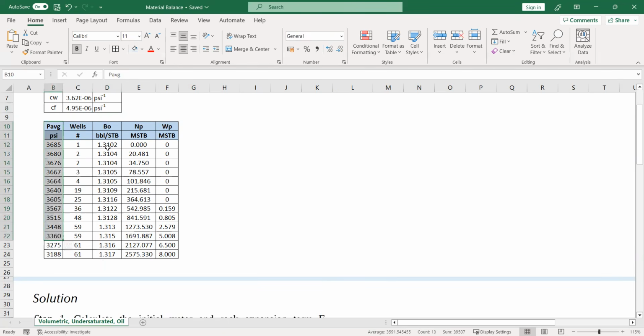So we know the historical oil formation volume factor, the cumulative oil production, as well as the cumulative water production. And again, it's very important to note that this is a volumetric reservoir. At least that's the first assumption.